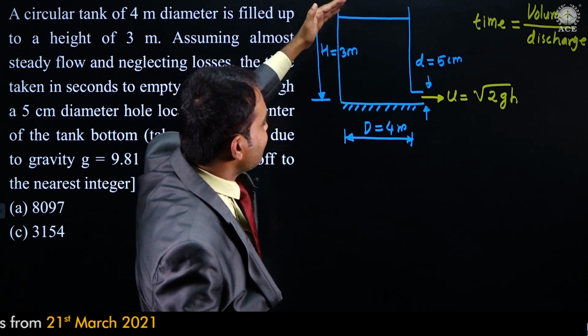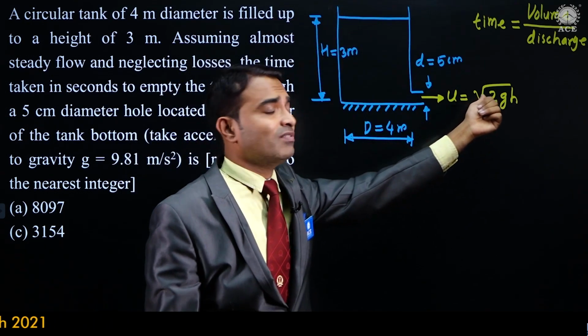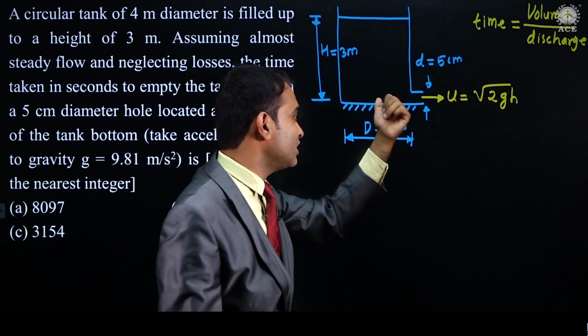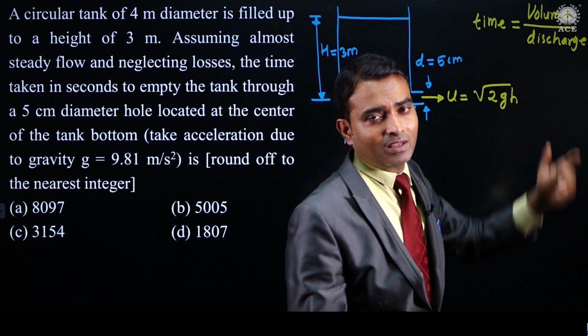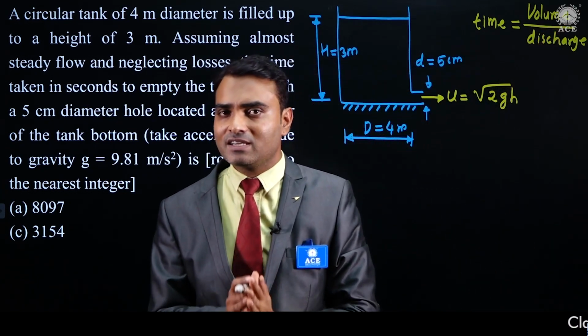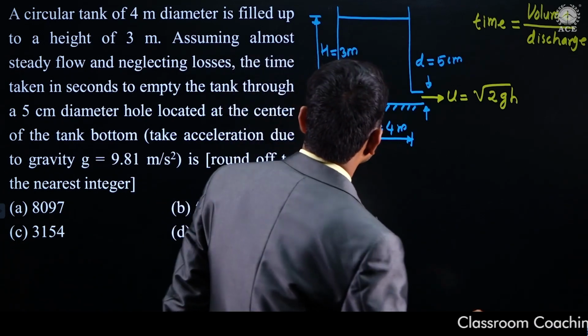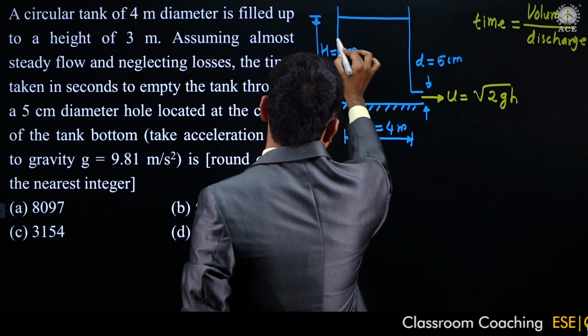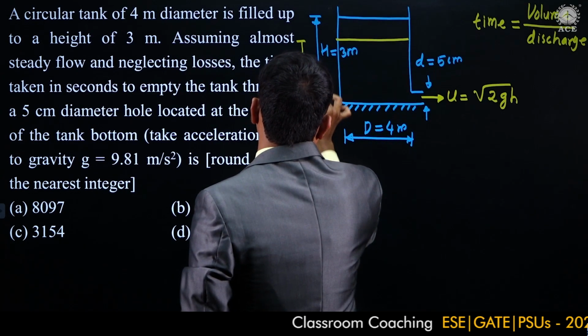Now we can see that as time passes, level of this water is decreasing. It means this velocity will also decrease. It means discharge will also decrease. So this discharge is variable. So in such cases, you have to understand that you have to go for integration, right? So assume some intermediate level. Let us say this distance is small h.